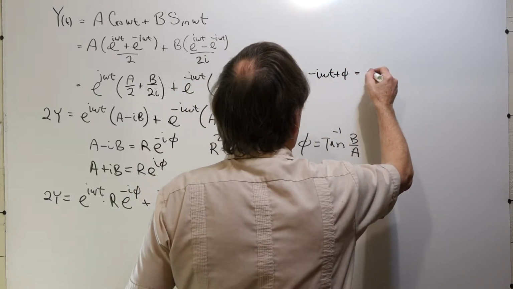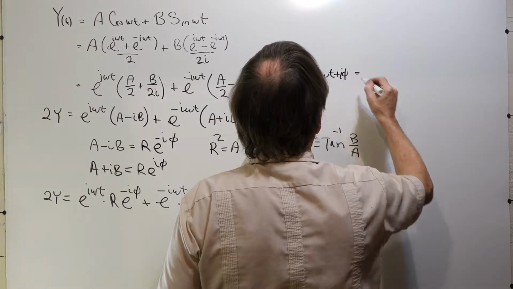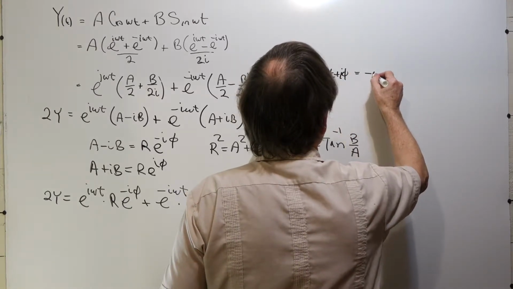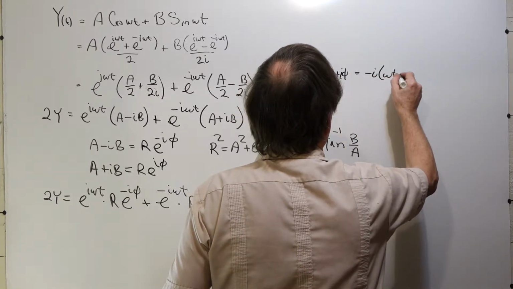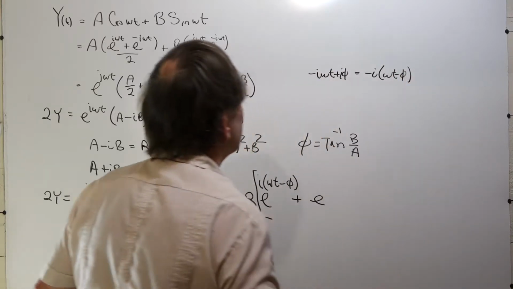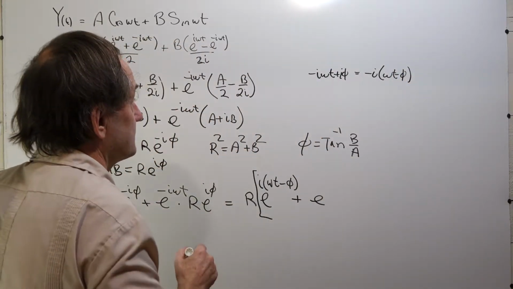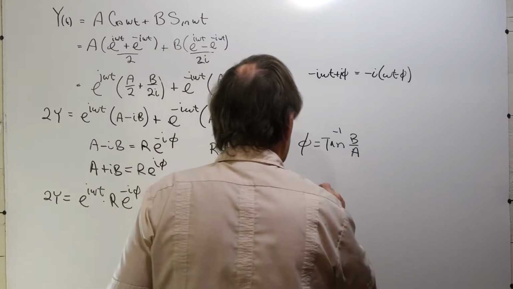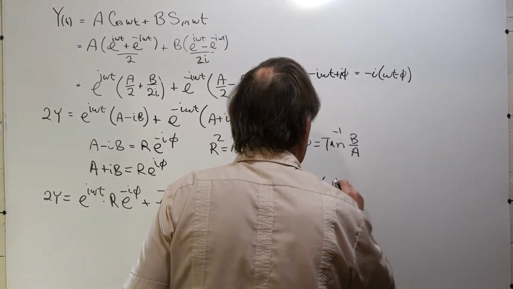If I write it as a minus j, I've got omega t minus phi.